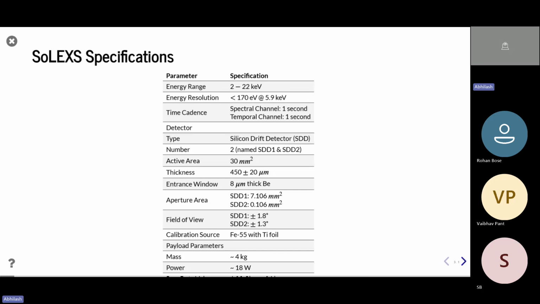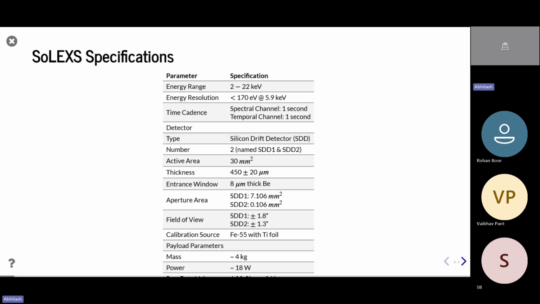So we're just trying to figure it out. What we recommend is, if you want to do spectral analysis, use it from about 2.8 keV till 22 keV. Energy resolution is, of course, around 170 eV at 5.9 keV. So at 6 keV, if two energy lines are about 170 eV apart, you can resolve them.